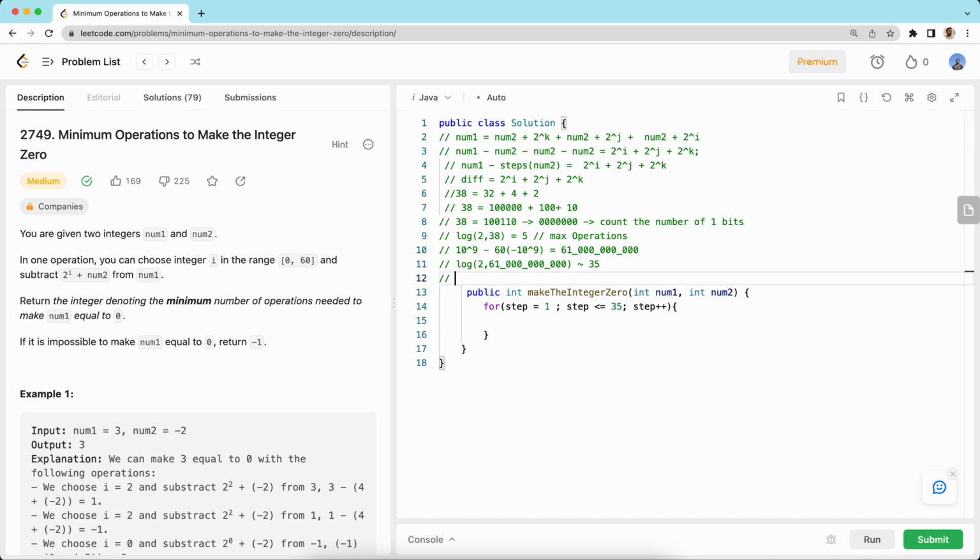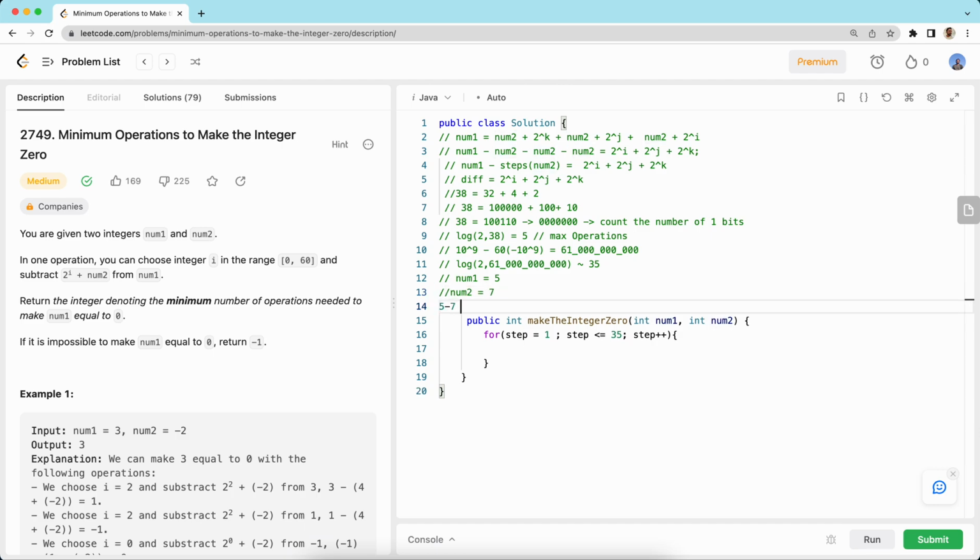Let's take an example where num1 is 5 and num2 is 7. If you do the difference, we'll get 5 minus 7, which is minus 2, and we can't depict that with positive summations. There isn't anything. This cannot happen, right?